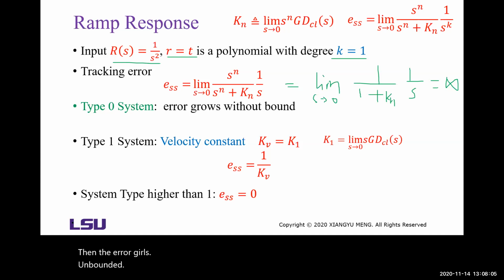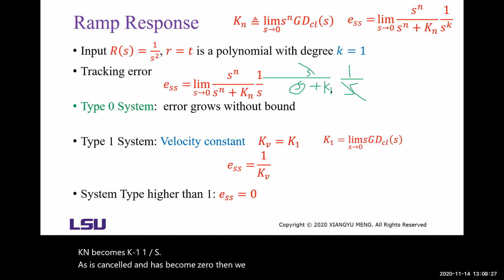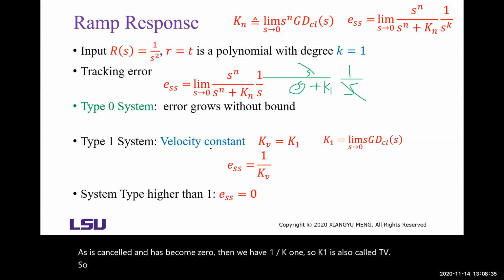Then for type 1 system, so n is 1, so we have s over s plus K_n, which becomes K_1, times 1 over s. Then s is cancelled, then s becomes 0, then we have 1 over K_1. K_1 is also called K_v. So K_v is the velocity constant.